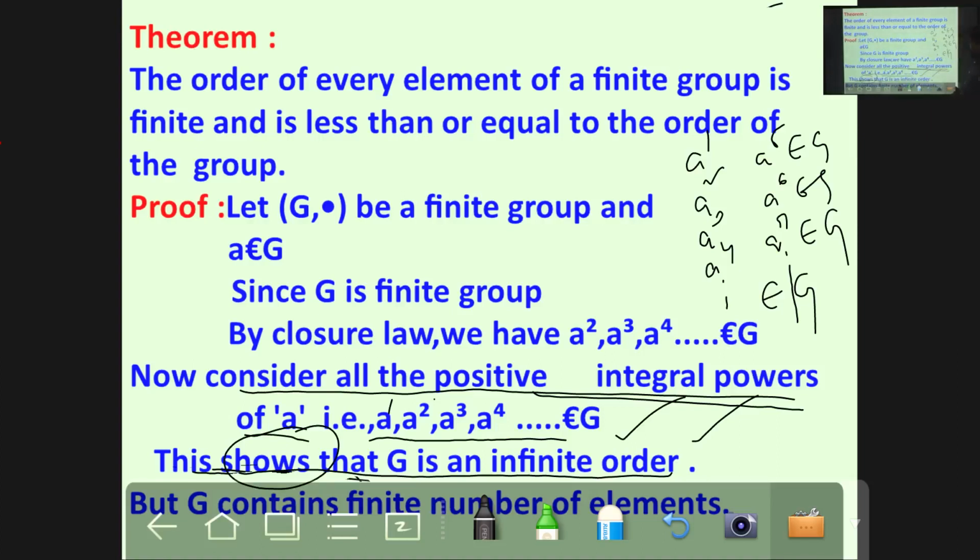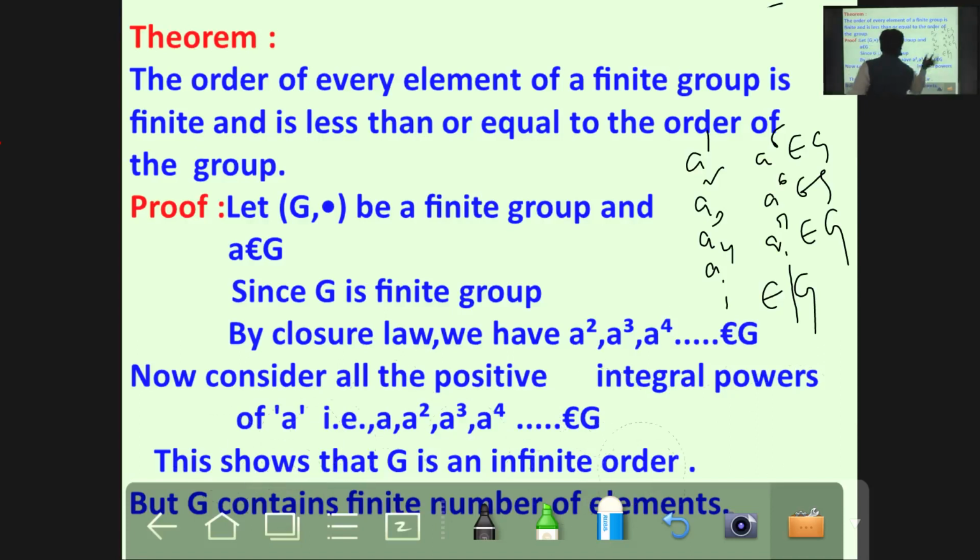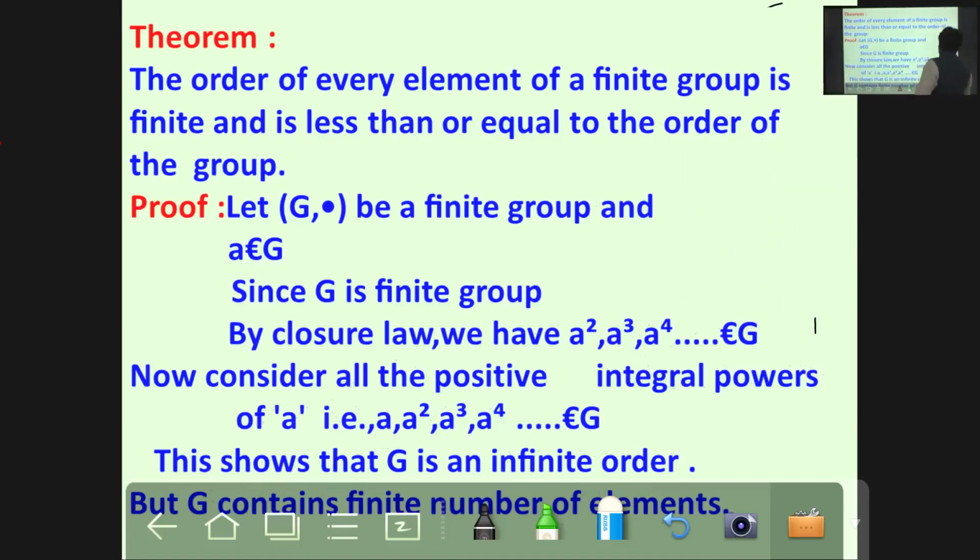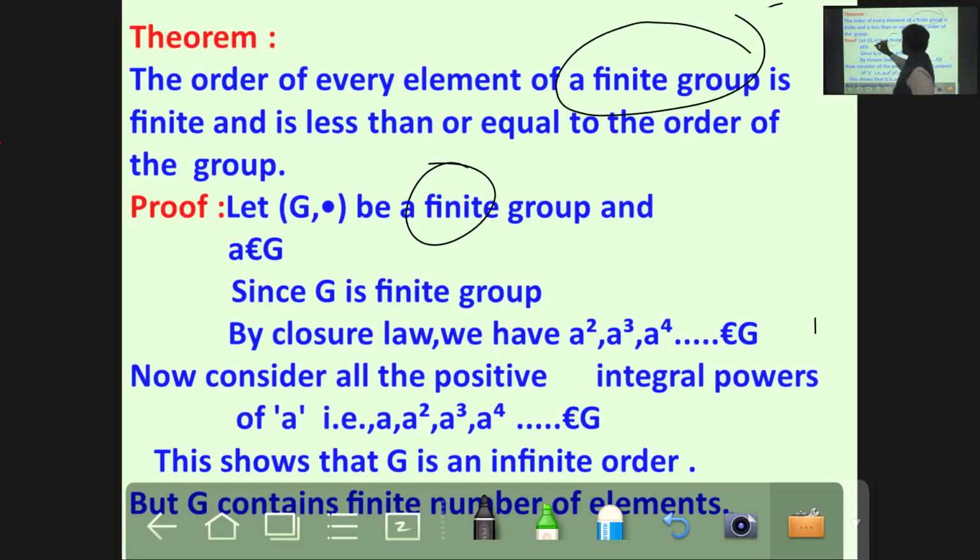Now, but what is given? G is finite. But using the closure property we got that G is infinite, so what happens?